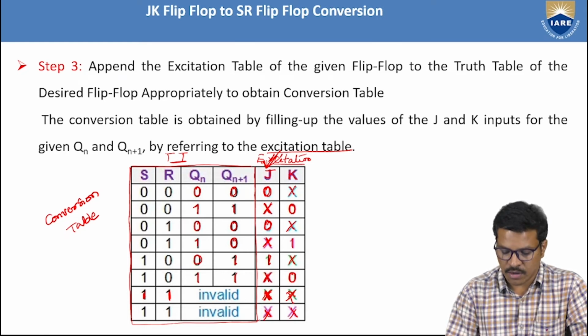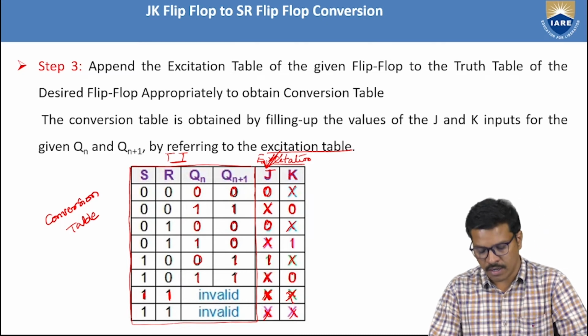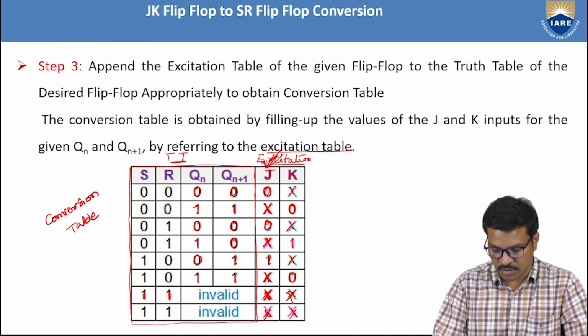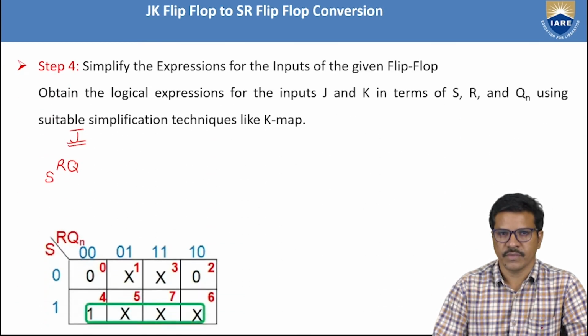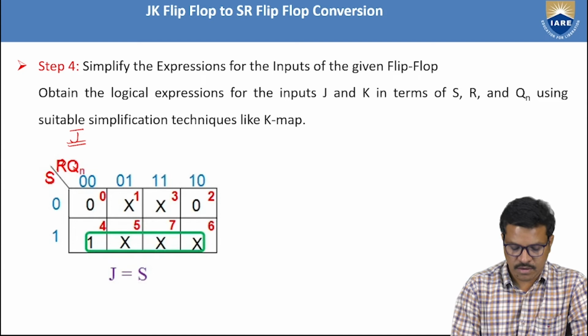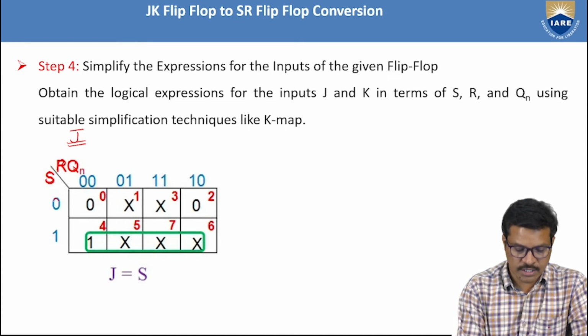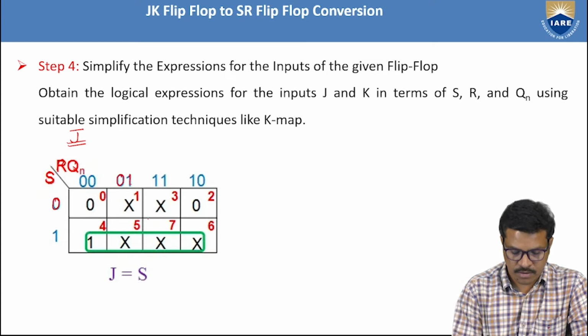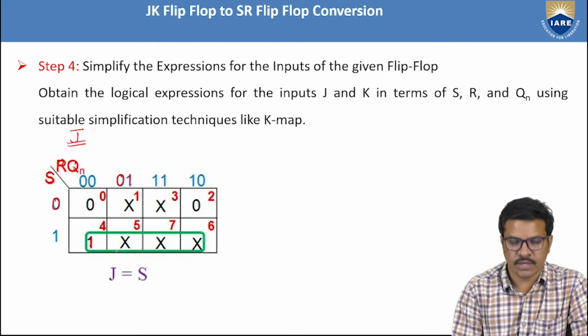Where will be the logic 1? The 100 combination. The remaining are all x, 2 zeros and 5 don't cares. You see this one, 001, S is equal to 0, R is equal to 0, Q is equal to 1. Sorry, 100, 100 is 1.